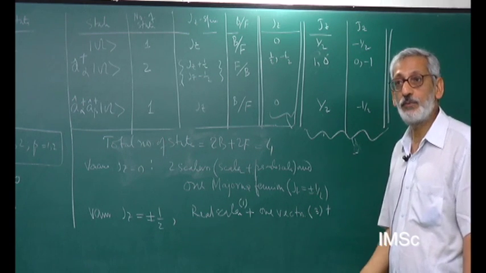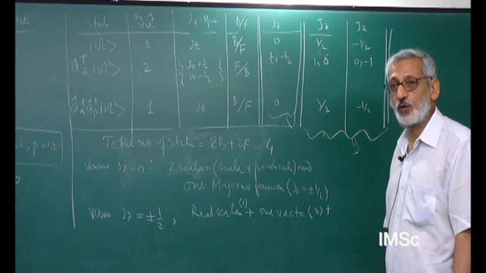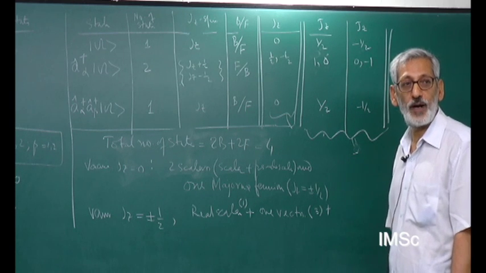That gives me 2 Majorana fermions, and 2 Majorana fermions are equivalent to 1 Dirac fermion.